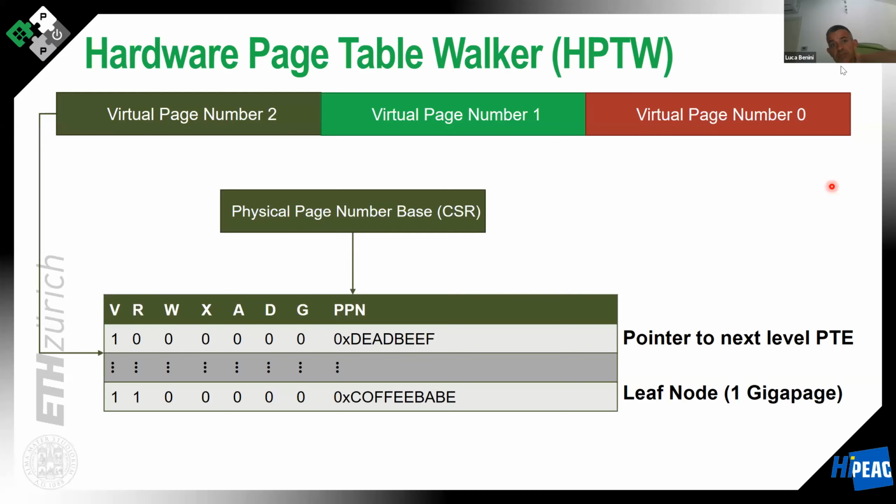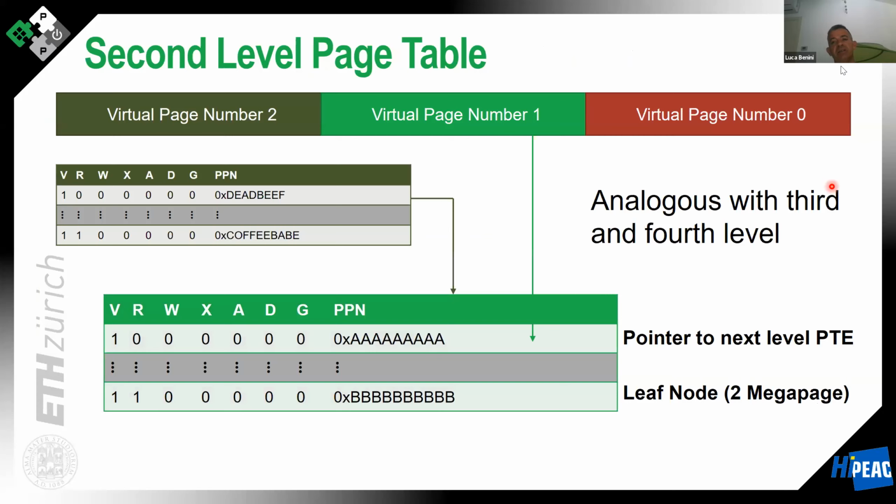So in case of a page miss, the hardware page table walker that is designed in Ariane allows walking the multi-level page table automatically, accessing the page table entries until you get to the leaf of the tree, where you finally have your virtual page table address that you will use to store in the TLB afterwards.